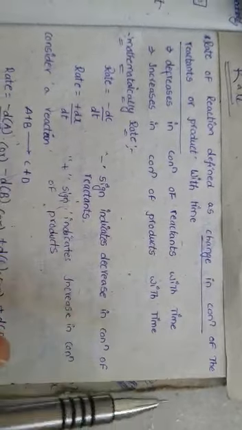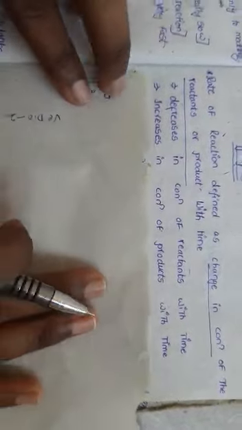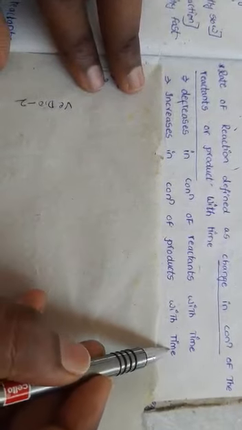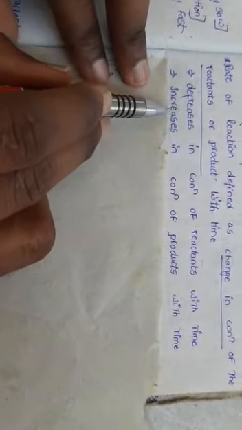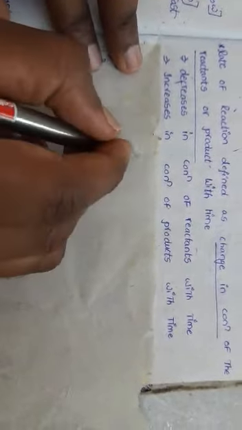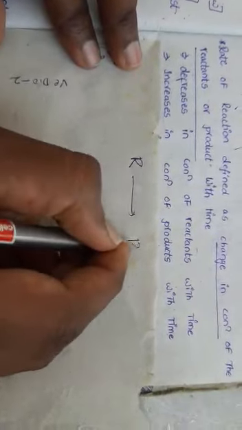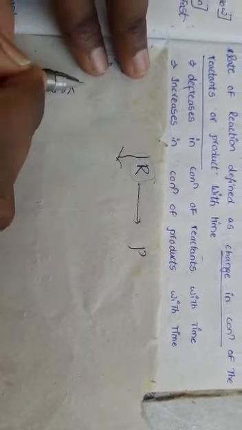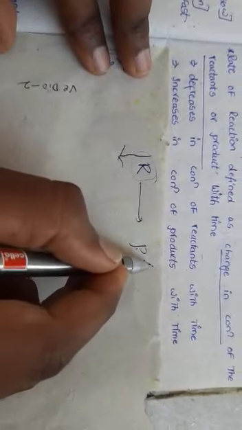The decrease in concentration of reactants with time is also the rate. Otherwise, the increase in concentration of products with time. Why? Because during a chemical reaction, reactants give rise to products. With time, reactant concentration decreases and the concentration of products increases.